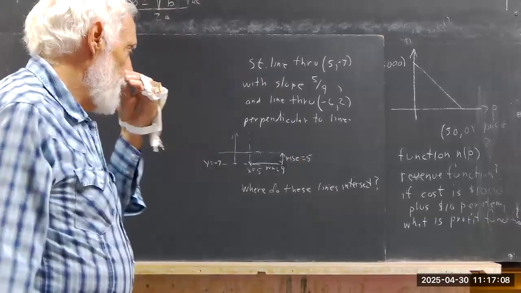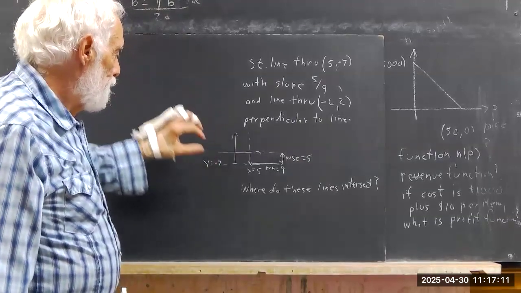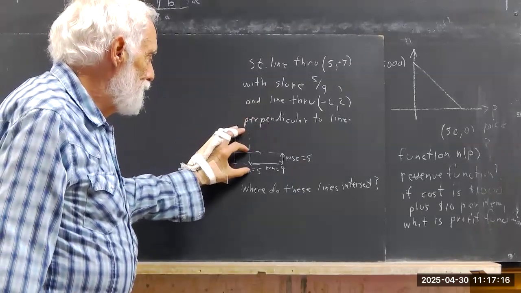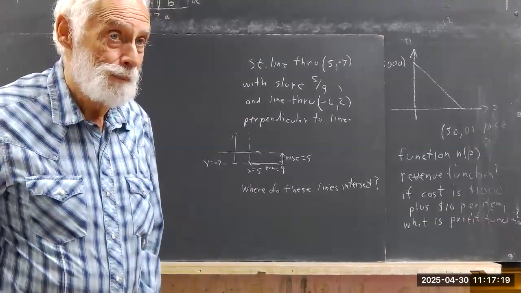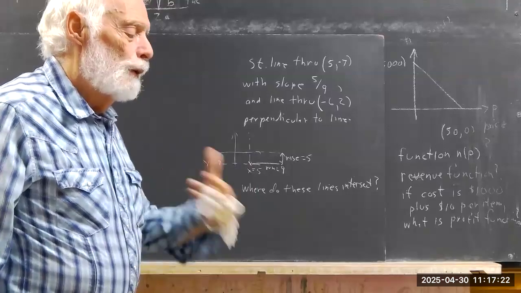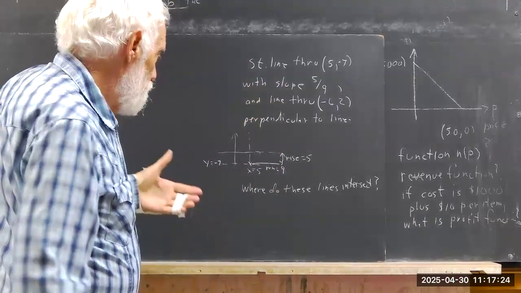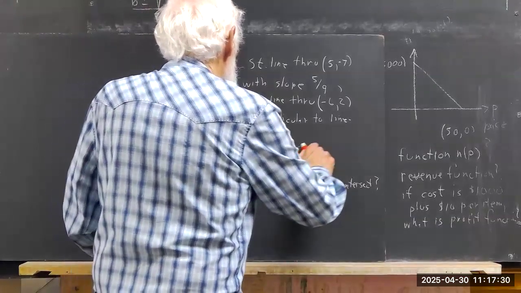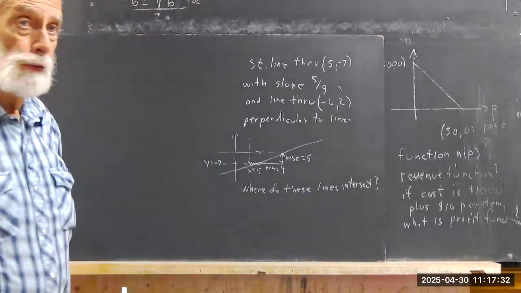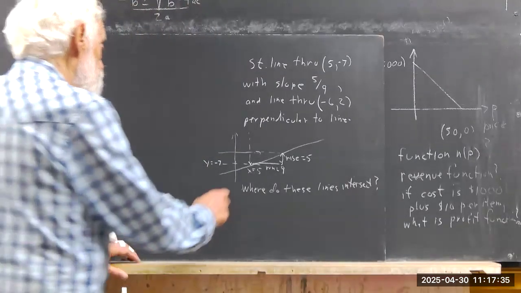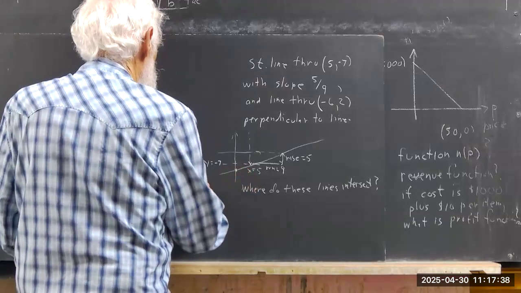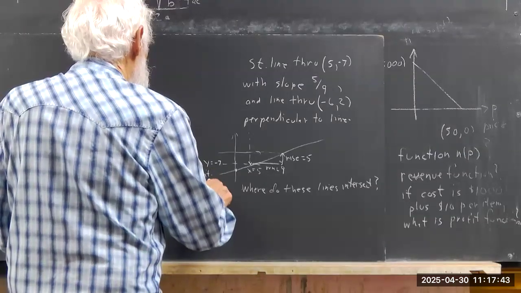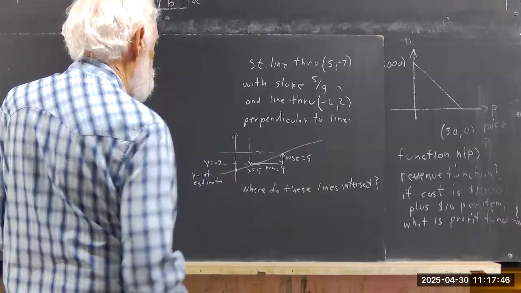Now, note that my scales are different. 5 units on the x-axis looks like it's bigger than 7 units on the y-axis, so this doesn't have a realistic slope of 5/9. Still, you can sketch a straight line now through these 2 points and estimate the y-intercept.